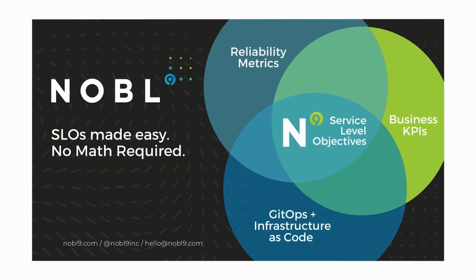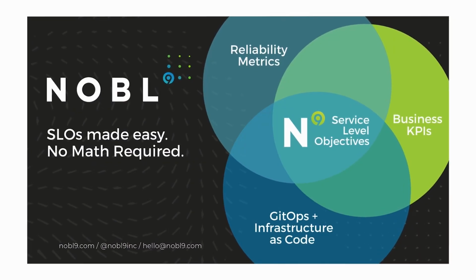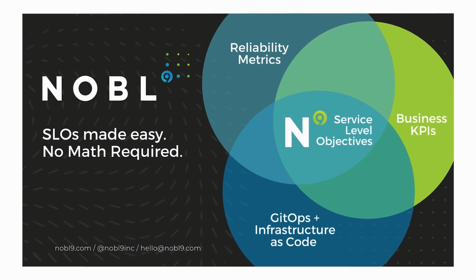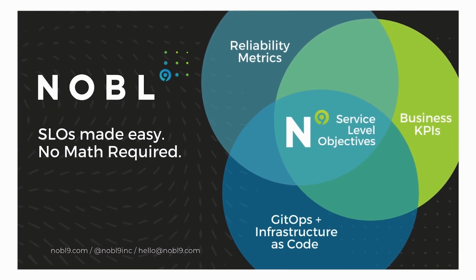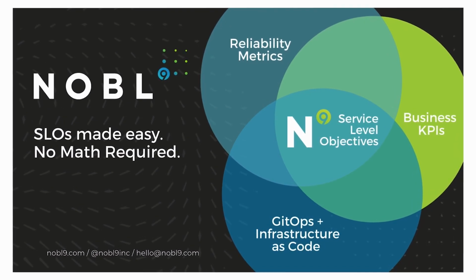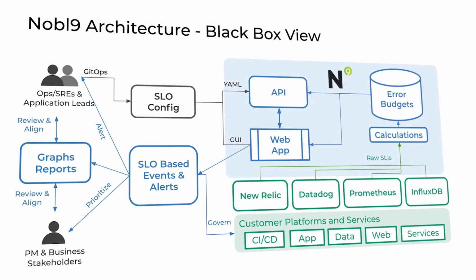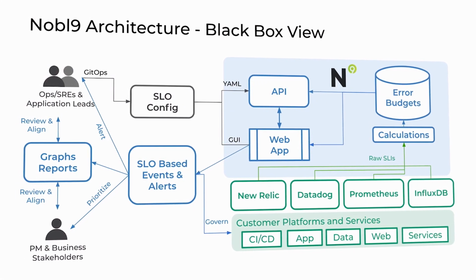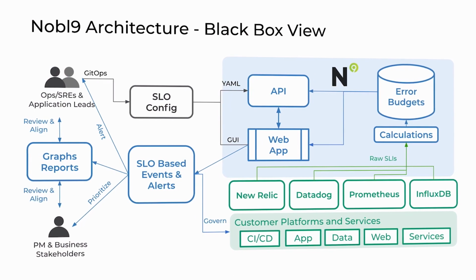My name's Alex Nada. I am CTO at Noble9. Noble9 is a platform to measure and manage service level objectives, which is a great way of measuring the reliability of your systems. You can essentially think of an SLO, the product we're providing to our customers, as a bunch of time series. So we need a way to store that data and the corresponding time series that are related to those.